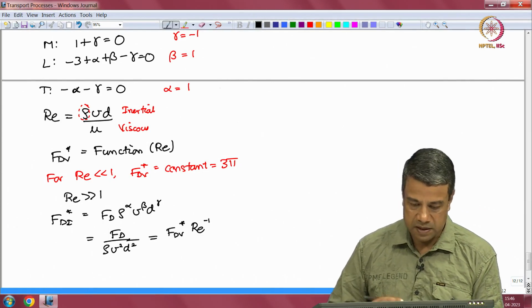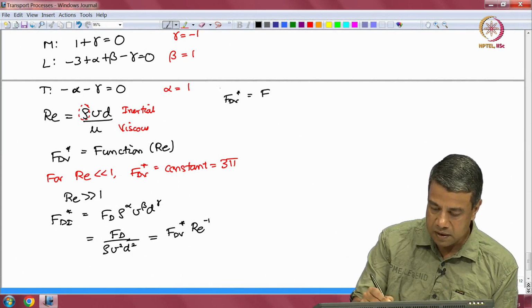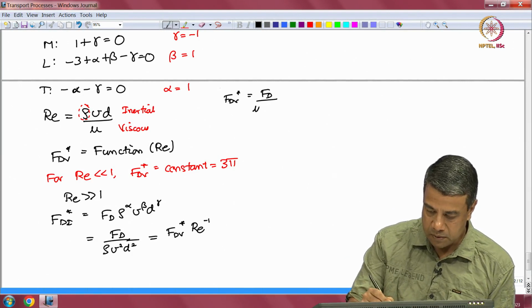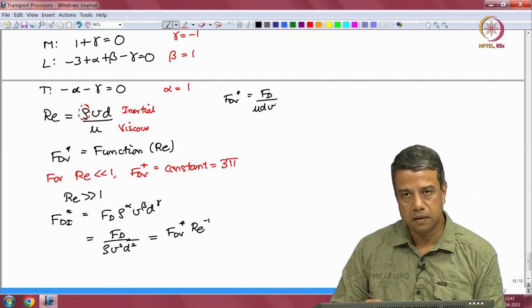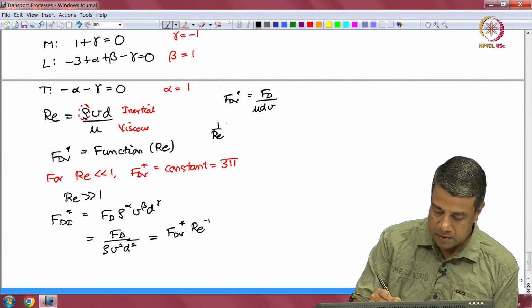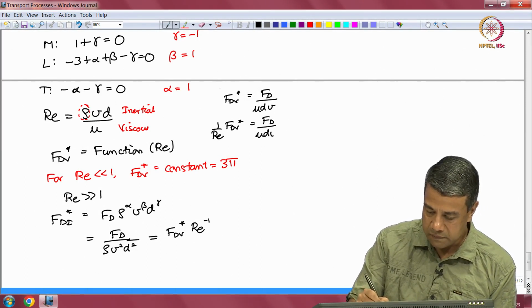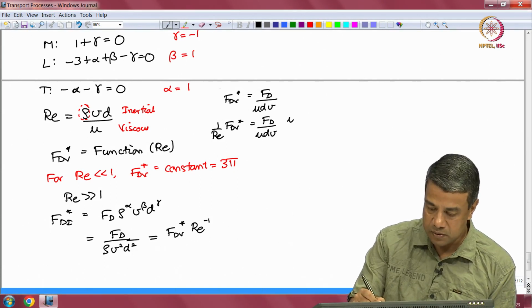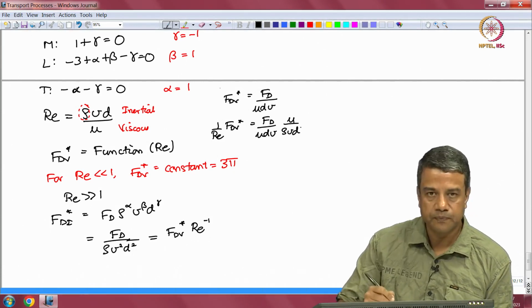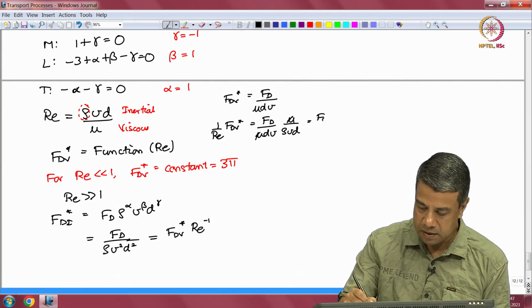If I just take F_d V star equal to F_d by mu d V, and if I take 1 over Re times F_d V star, that will be equal to F_d by mu d V into 1 over Re, which is mu by rho V d, and this viscosity will cancel out, and I will just get F_d by rho V square d square.